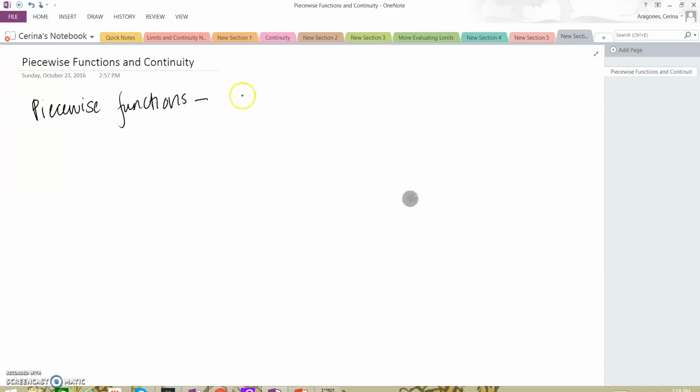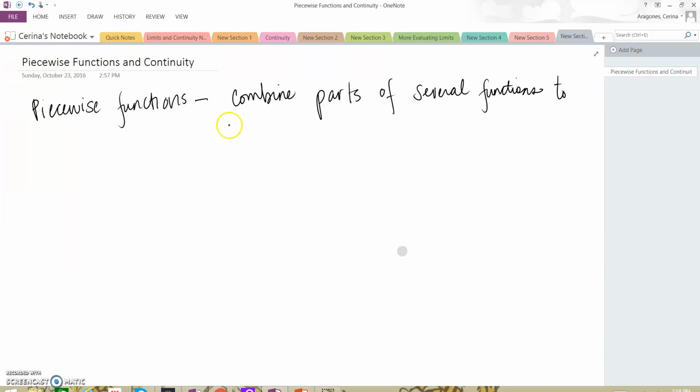So if you combine parts of several functions to make a single function.